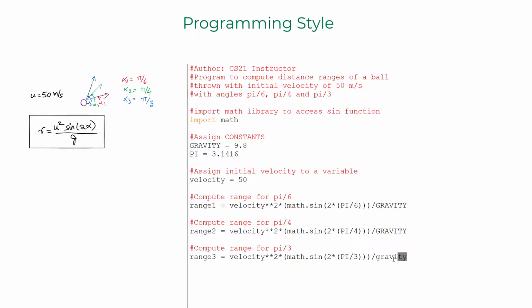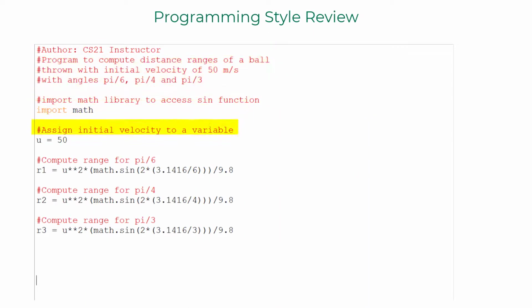I'm going to quickly review the good programming style principles. Always start with documentation and then write pseudocode as comments and then start to write your code. While writing the code, avoid these magic numbers, right? So nobody knows what they are.